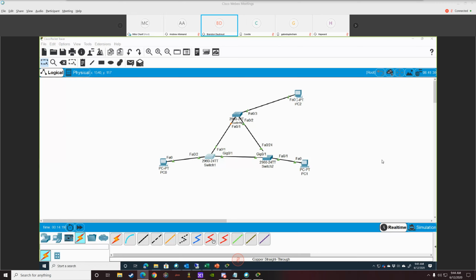So we need a spanning tree. Redundancy, I'm sorry. Redundancy or fault tolerance.